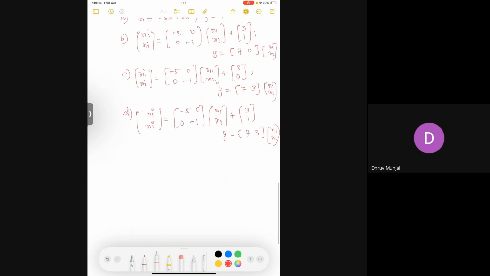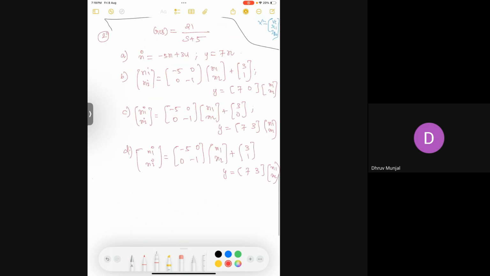Now, this is the question. Just try to convert this transfer function to a state space equation and tell me which of the following is correct. You have the formula for it, right? To convert transfer function to state space.